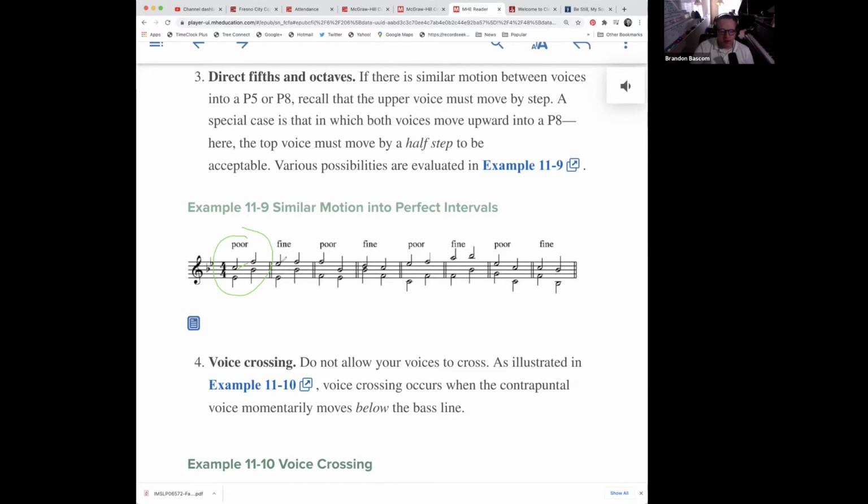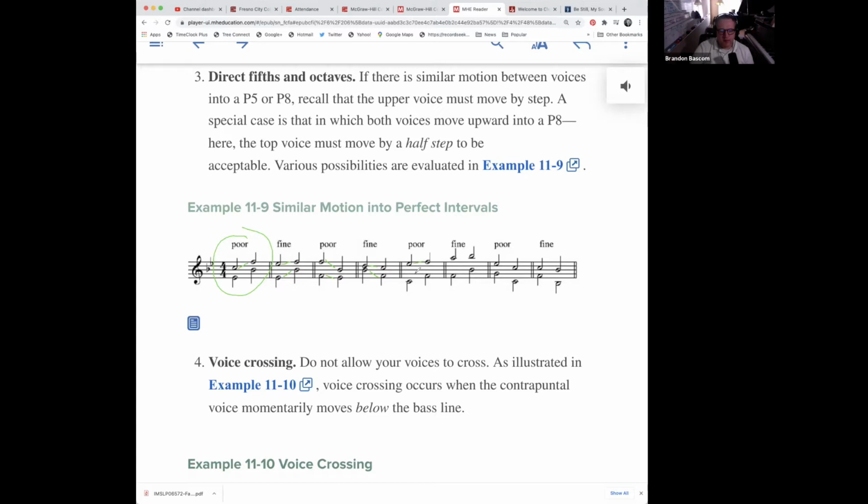Here we're fine because we went by step into a fifth. Here we are not fine because we moved by leap to a fifth. Here we're fine because we moved by step into a fifth.